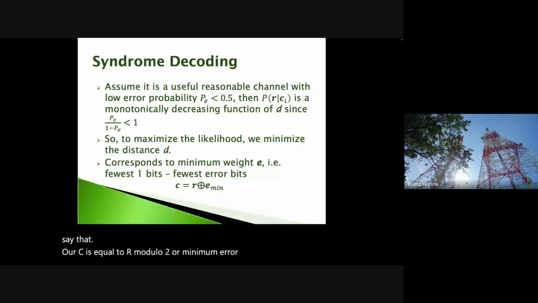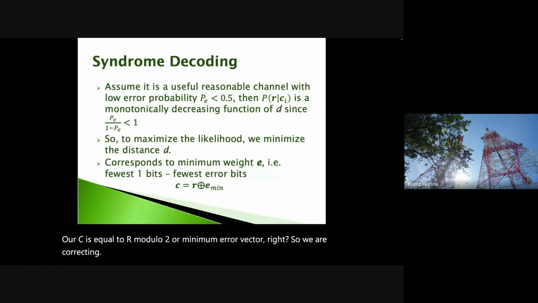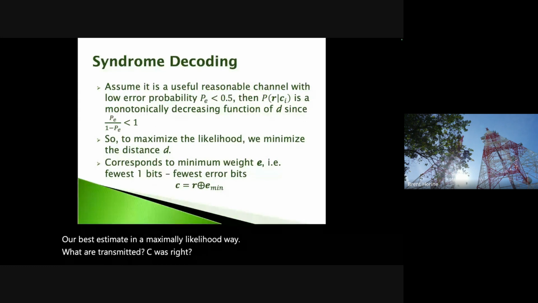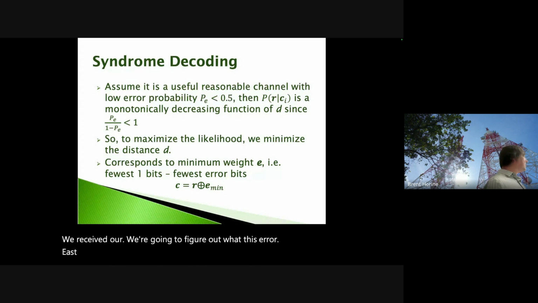We are correcting R to produce our best estimate, in a maximum likelihood way, of what our transmitted C was. Remember, we received R. We're going to figure out what this error E min is and use that to correct to get C.